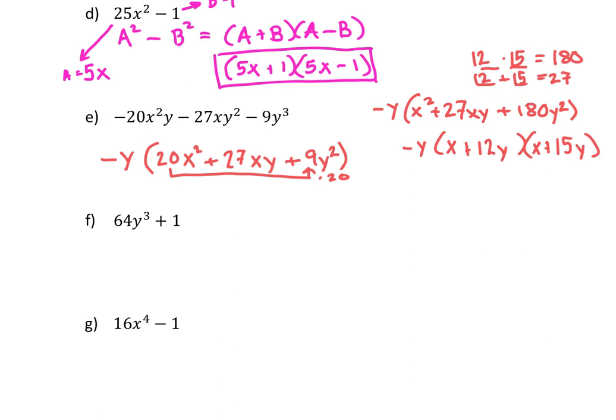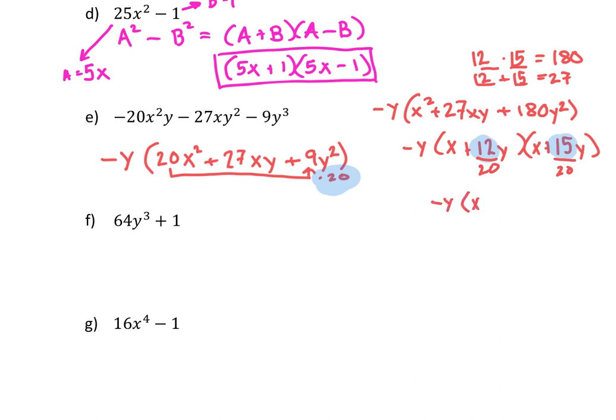All right, we're not done. Because we multiplied by this 20 here, we have to balance it back out with the constants of the binomial. So we end up having to divide this 12 by 20, and this 15 by 20. We will reduce it.